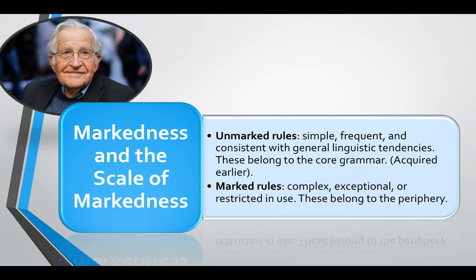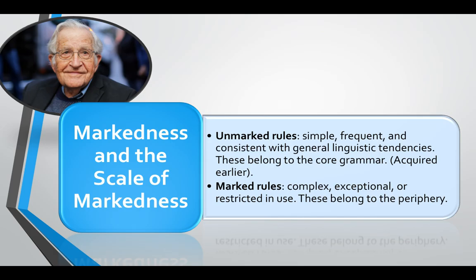Markedness and the scale of markedness for Noam Chomsky. Closely related to this distinction is the concept of markedness. Unmarked rules are simple, frequent, and natural. They belong to the core grammar and are usually acquired early.